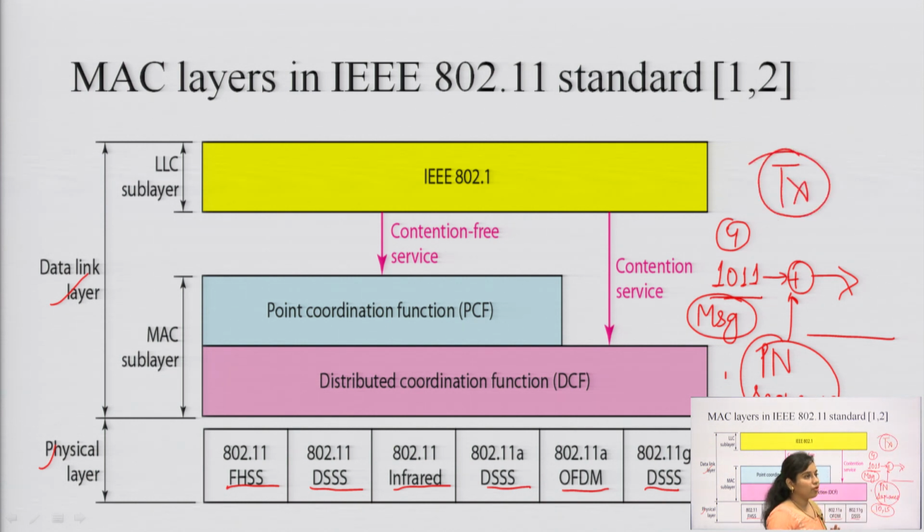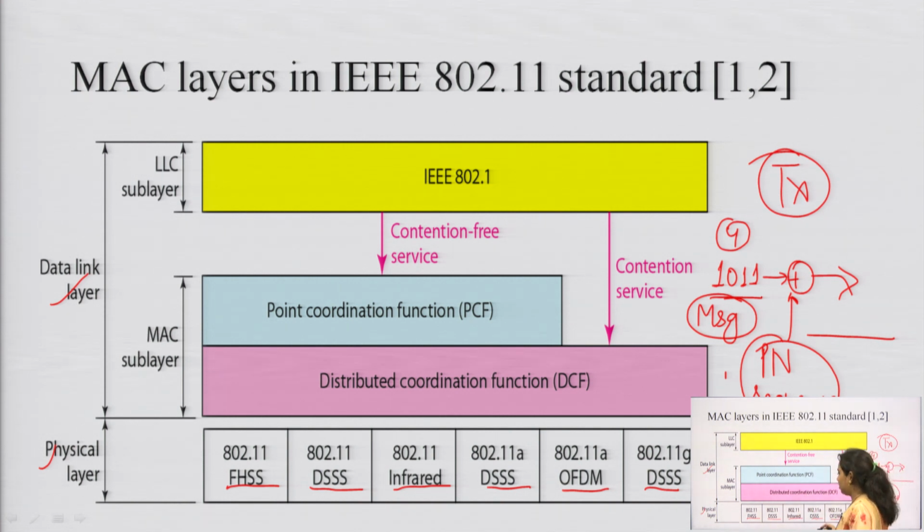Now, the same reverse operation has to be performed at the receiver side, where we have received this encoded data. That encoded data has to be modulo 2 added with this PN sequence. The PN sequence used at the transmitter and receiver has to be the same. Only in that condition will proper reception be possible. So, these are the message bits and this is the PN sequence.